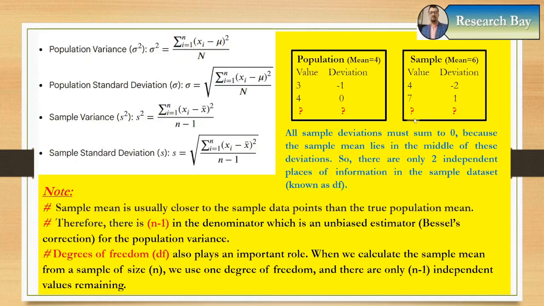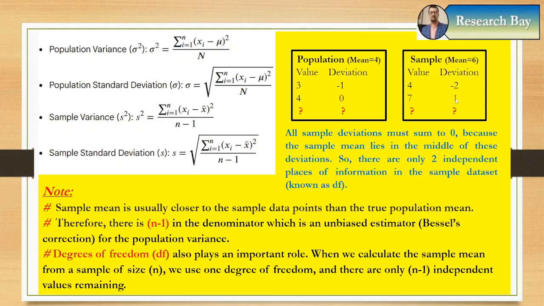So what will be the third observation? Now in this case, all sample deviations must sum to 0 because the sample mean lies in the middle of these deviations, as per the definition of sample mean. So there are only 2 independent pieces of information in the sample data set, which are known as degrees of freedom.